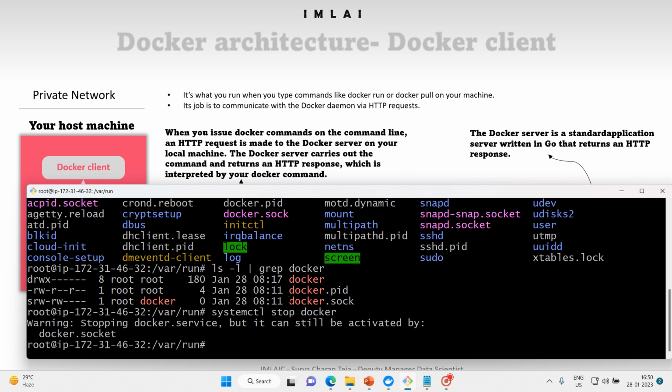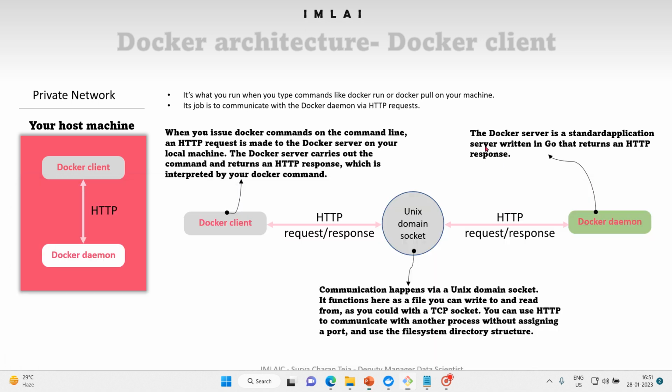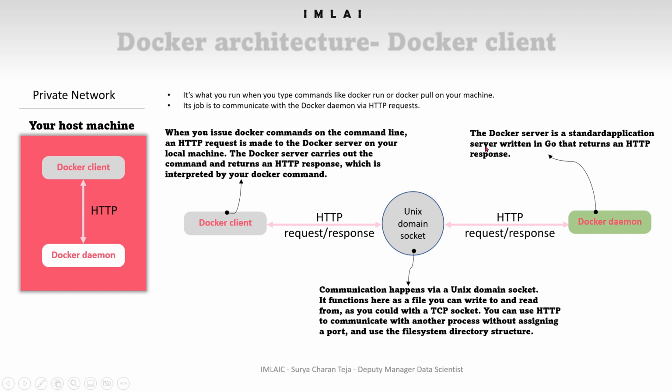You could see that docker.sock is a domain socket like a TCP socket. Then on the other side you have a Docker server. The Docker server is a standard application server written in Go that returns an HTTP response. The Docker daemon, anyway, we have seen. So that's how docker.sock makes these things possible.